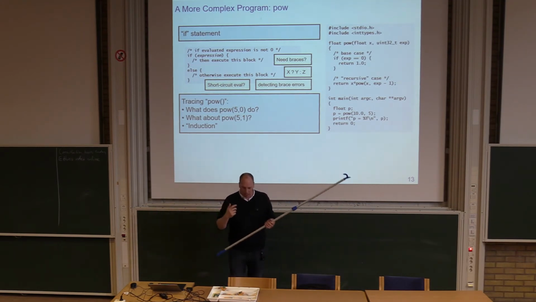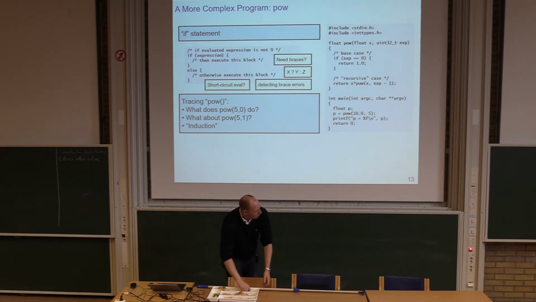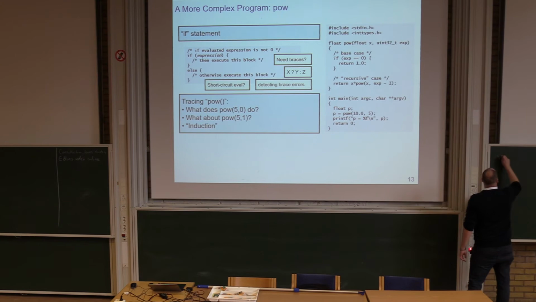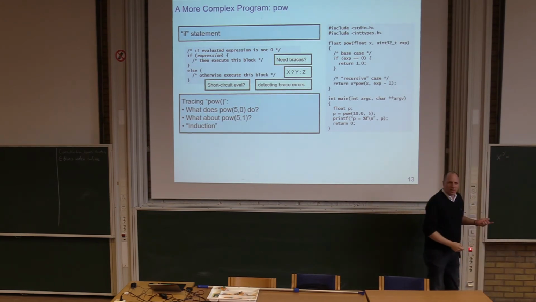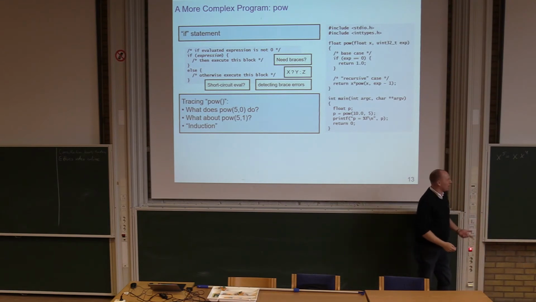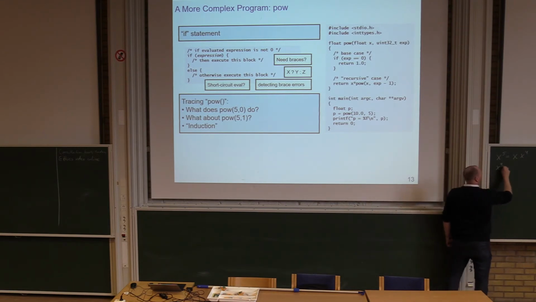And if we would like to compute x raised to 5, for example, we could think about this as x times x raised to 4, right? And then we can say x raised to 4 is x times x raised to 3.